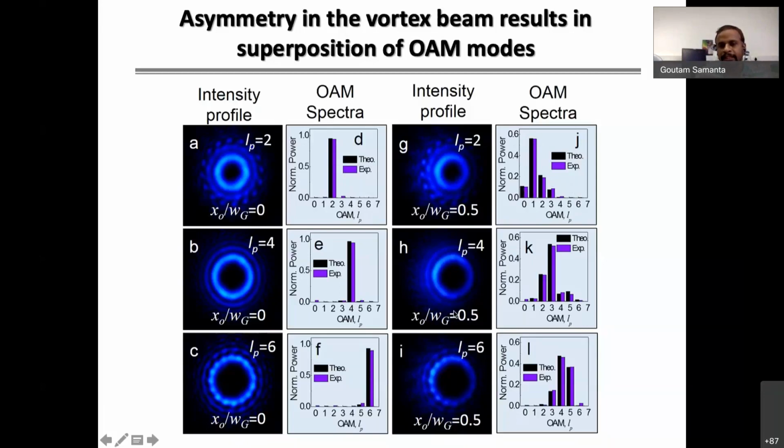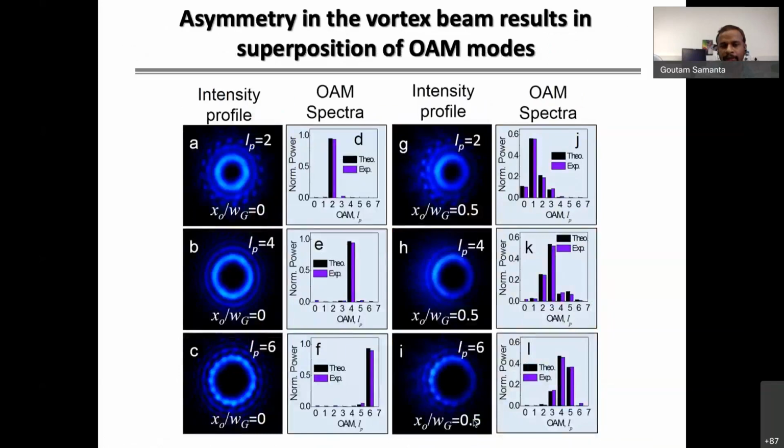If you keep on increasing this, the spectrum keeps on changing, and for different orders you can see the spectrum. I have shown an asymmetry parameter of 0.5, but we have studied various asymmetries, and the spectrum pattern is changing.